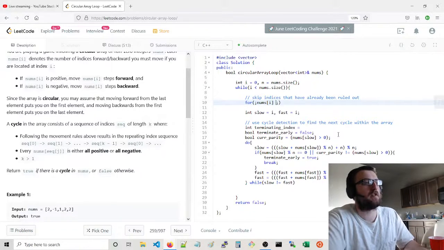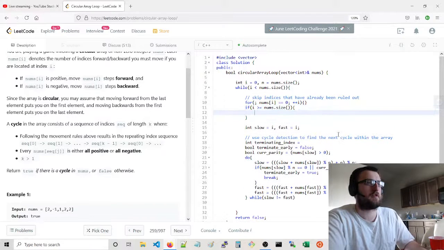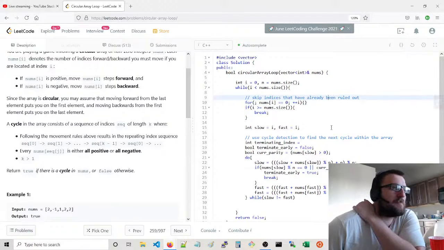While nums of I is equal to 0, we increment I. And then we say if I is equal to nums.size, we break. Yeah, skip indices that have already been ruled out.